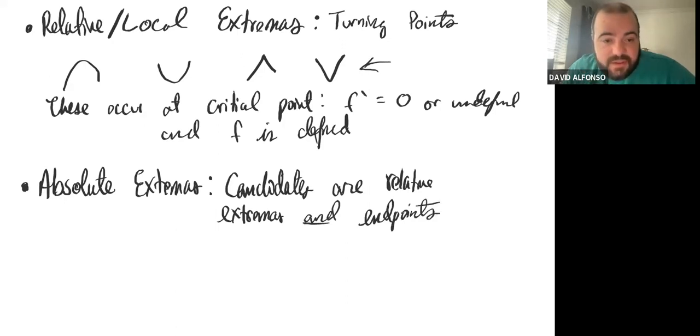Basically, to determine an absolute extrema, you have to look at all relative extremas and the two endpoints. You test all those values and determine which of those will give you the highest value of y or the lowest value of y, and those would be your absolute extremas. So endpoints are candidates for the absolute extremas.